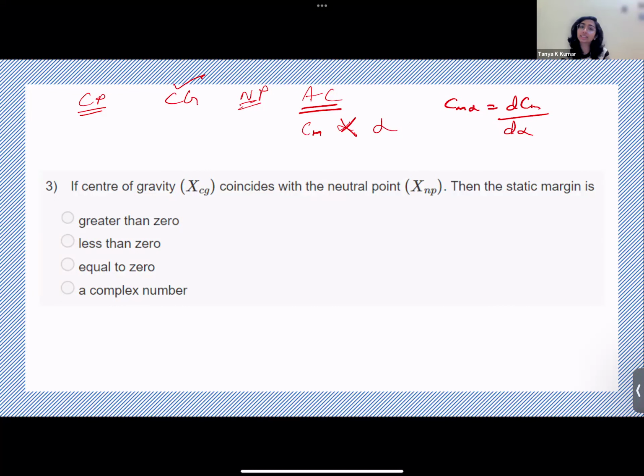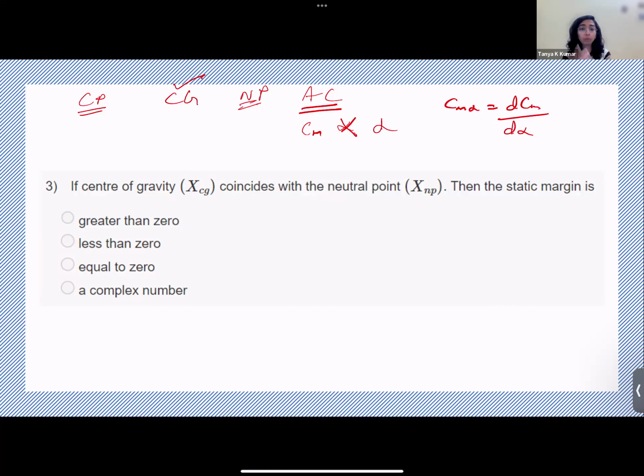Neutral point is the aerodynamic center of the entire flight vehicle. It is basically the same point, but for a wing alone it's called aerodynamic center. If I just say tail, it will be the aerodynamic center of the tail. The aerodynamic center of the entire flight vehicle is the neutral point. That is the only difference. Otherwise, definition-wise and properties-wise, it's the same thing.